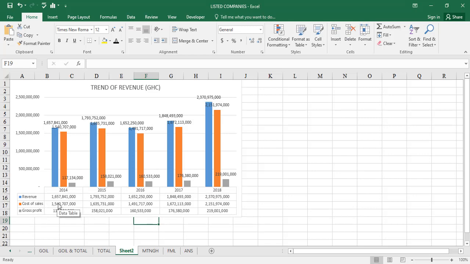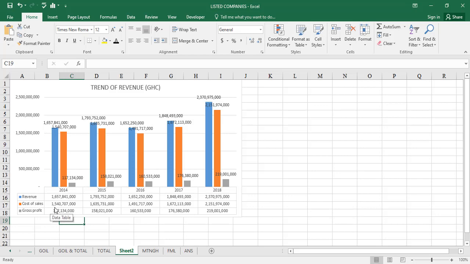Now, looking at the cost of sales, which represents the costs that they incurred in raising the revenues. It encompasses the direct material costs, the direct labor costs, and the direct expenses, and these become part of the final product. We normally charge them against the revenue that the company has generated.